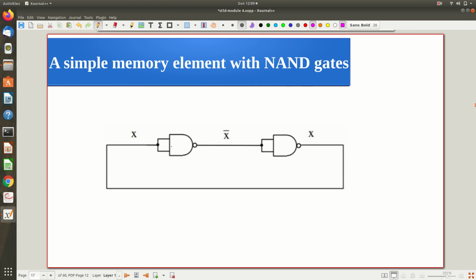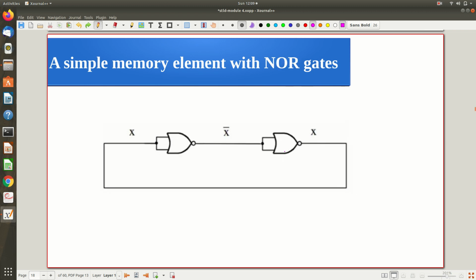I replaced the first NOT gate with the NAND gate, and a NAND gate takes two inputs. There is no change to the circuit. This is nothing but a NOT gate, the implementation of NOT using NAND, and here also this is nothing but a NOT gate. It is the previous implementation only, but instead of the NOT gate I used the NAND gate.